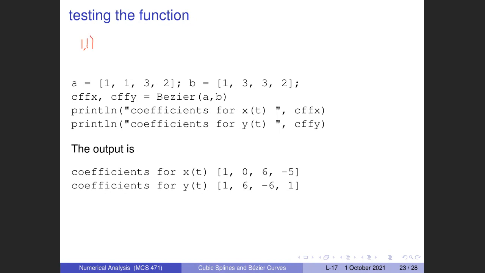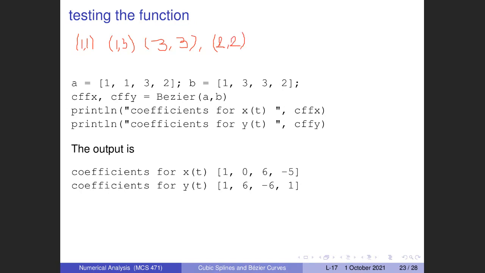So I had the first knot 1, 1 with its control, which was 1, 3. And then I have the second control, which is 3, 3. So that's written at the third position. And then I had my last knot, which is 2, 2.